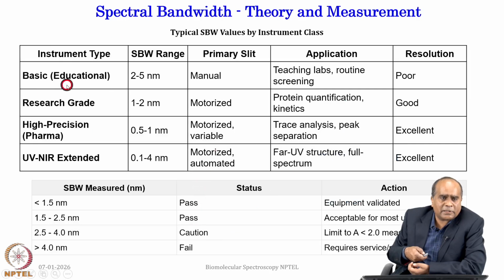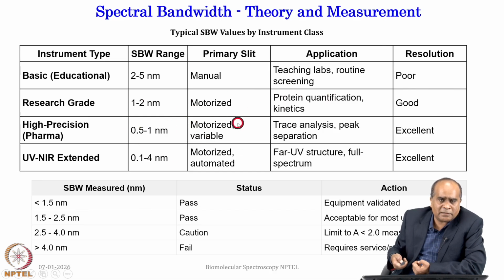In a basic educational institute, we measure SBW and take it to 5 nanometer. It can be done with a manual slit, and this can be used in our MSc practical labs, teaching labs or routine screening. Resolution here is poor, but when we go to research grade, we need a spectral bandwidth of 1 to 2 nanometer.